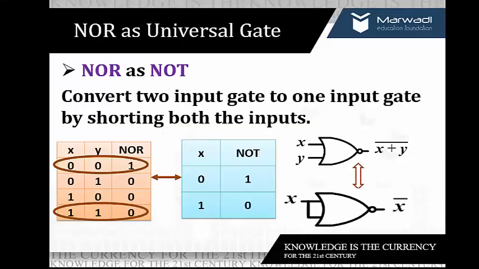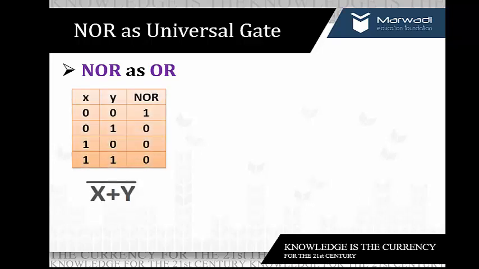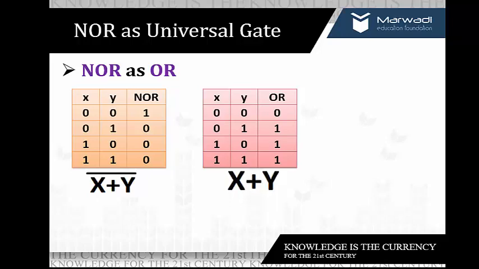Next is NOR as OR gate. As we have discussed earlier, NOR can also be represented as NOT OR. The Boolean expression corresponding to NOR gate is (x plus y) whole complement, and that for OR gate is x plus y.